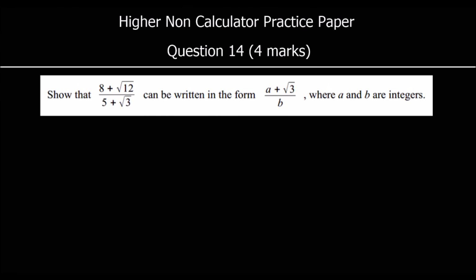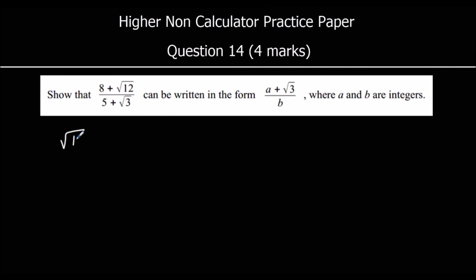Question 14. Show that 8 plus square root 12 over 5 plus square root 3 can be written in the form a plus root 3 over b, where a and b are integers, whole numbers. So the first thing I'm going to do is simplify square root 12.